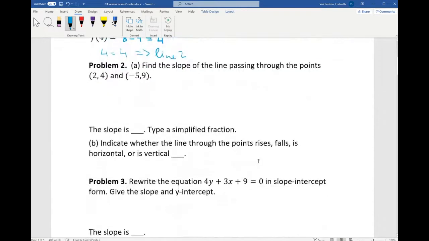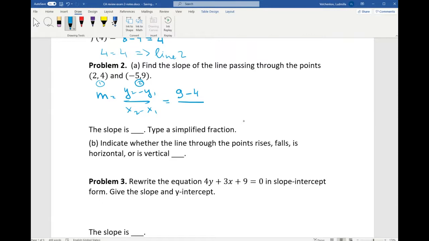Find the slope of the line passing through the points (2, 4) and (-5, 9). The slope is y2 minus y1 divided by x2 minus x1. This is the first point, this is the second point. y2 minus y1, 9 minus 4, over x2 minus x1.